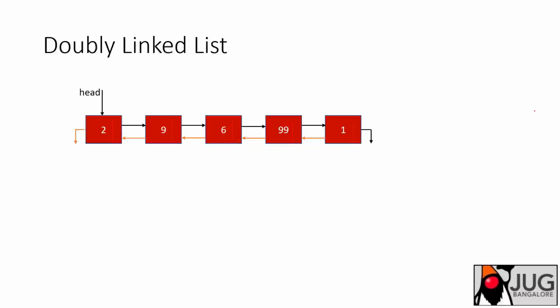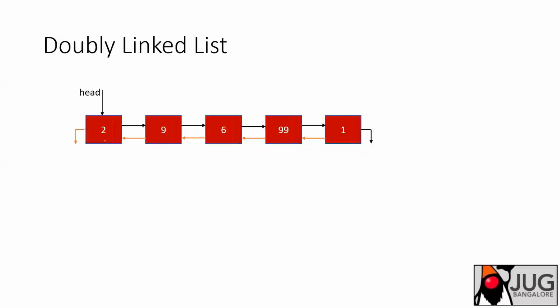Okay, doubly linked list. In case of doubly linked list, instead of having a single next pointer, you will have a pointer referring to the previous node also. For example, here, the head node is pointing to the next node, and the next node has a reference pointing to its previous node.